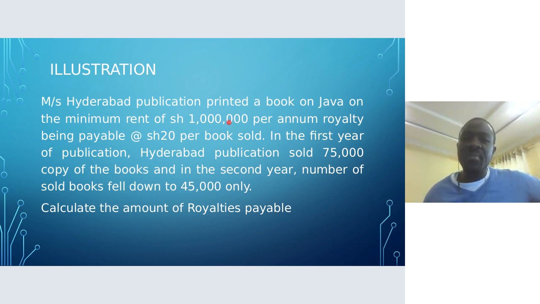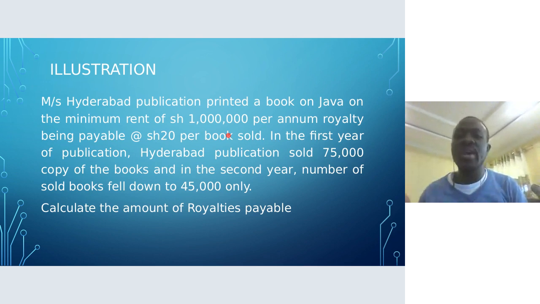But the minimum rent is 1,000,000 shillings. So in this case, you find the royalty amount that is due exceeds the minimum rent, and therefore what will be paid is the royalty that is due, which is 1,500,000.